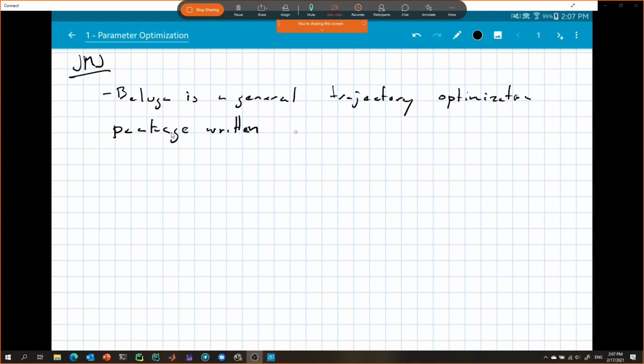And unlike other solvers, like GPOPS, which is one, there's also Dido, basically any other thing that's labeled a trajectory optimization solver, Beluga uses indirect methods.